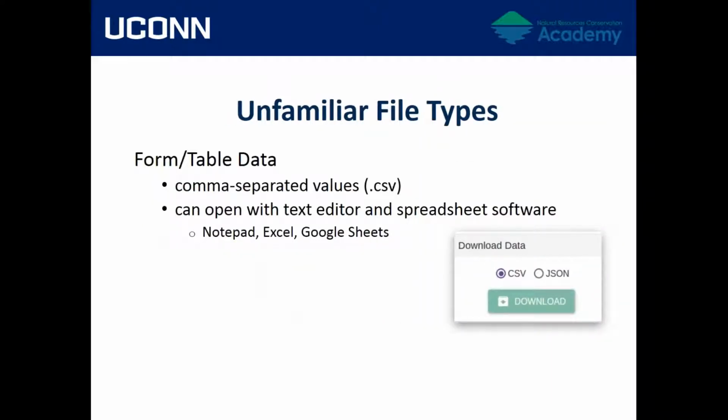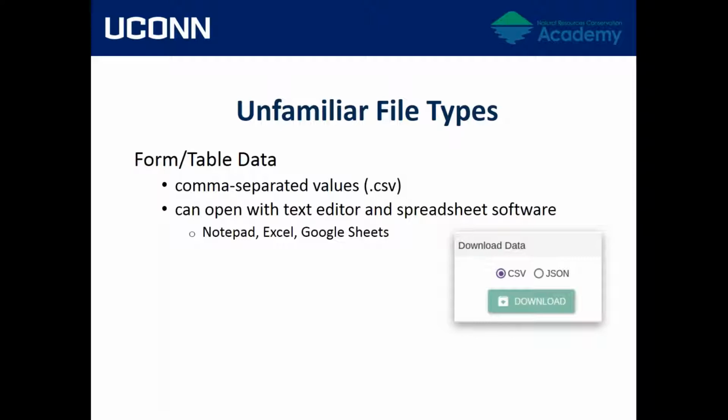I just wanted to point out a couple of different unfamiliar file types. So especially if you're using EpiCollect, comma separated values, you'll see the suffix .csv, and a CSV file can be opened with a few different types of software.